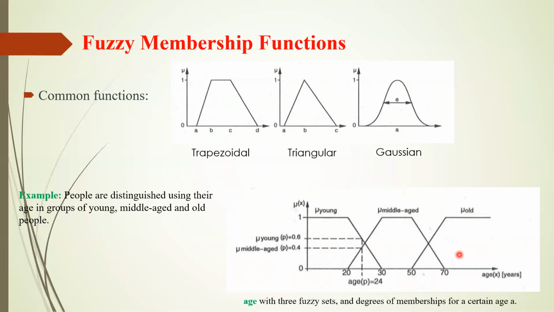So the linguistic variable age is described through three linguistic values, namely young, middle-aged, and old. Let's suppose a person P with age 24 belongs to both groups, young and middle age. If we draw a line here at 24, this line crosses both the young and middle-aged lines.